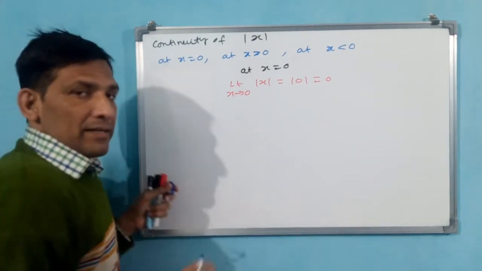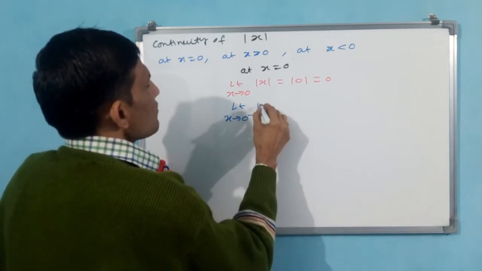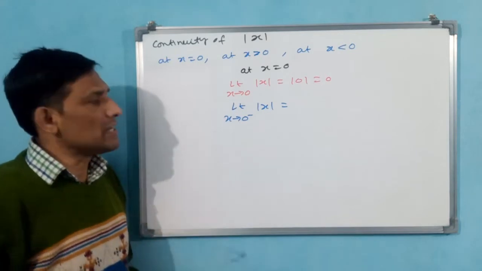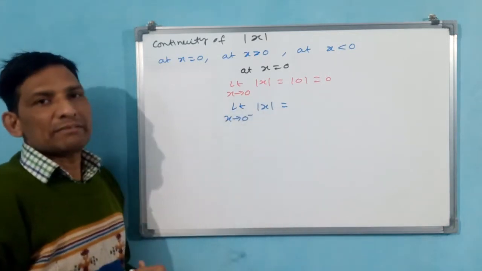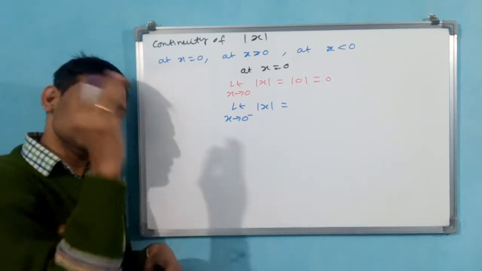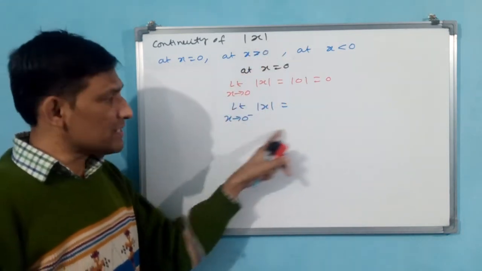Now you come back again, left hand limit, limit x tends to 0 minus modulus x is equal to. Now you tell me, as per our practice, our procedure, what you are going to input? 0 only. 0 minus, 0 plus. While application, for choosing the function, 0 minus means less than 0 function.